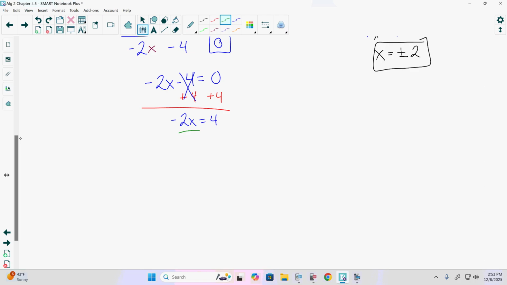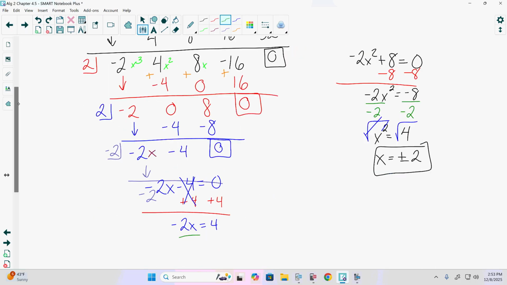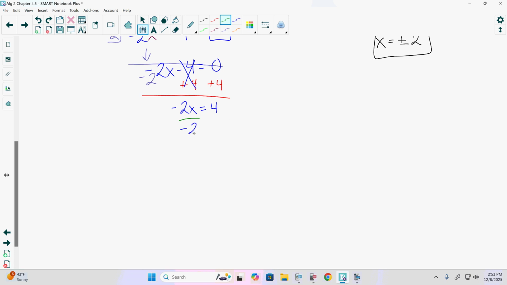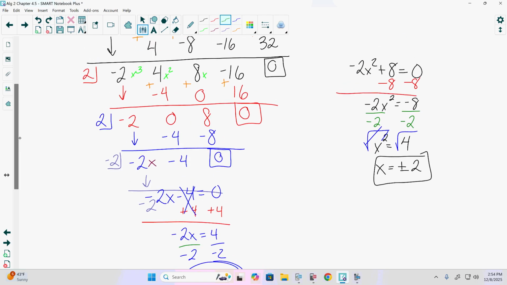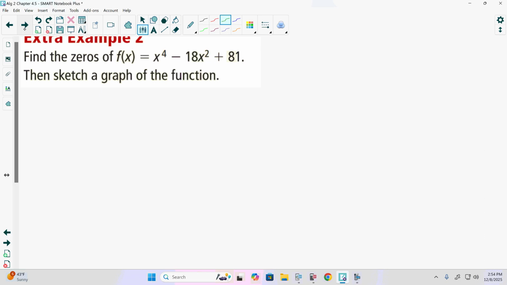We can divide both sides by negative 2, knowing this x is indeed equal to negative 2, which is what we found, yes? So the more solutions that we find, the more synthetic divisions that we can do, the easier the last solving is going to be. Questions on this here?